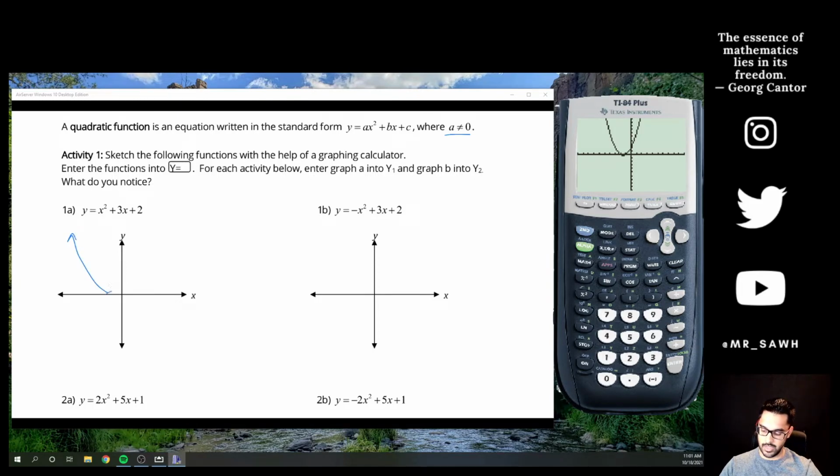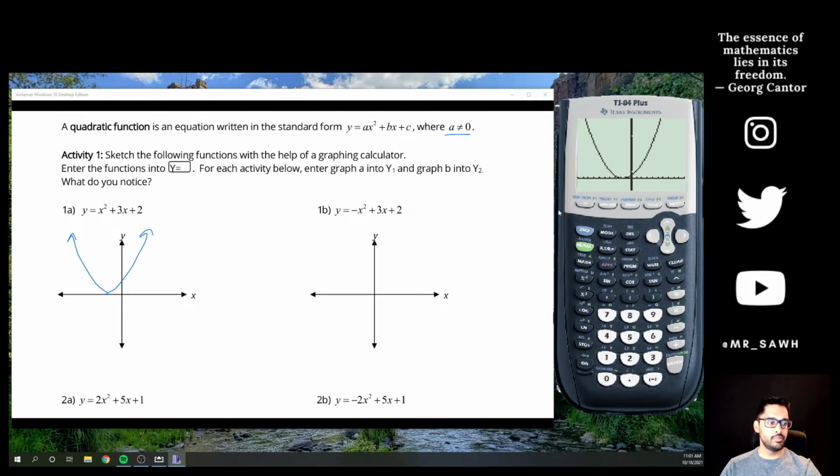So it looks something like this. And there's going to be arrows on the top because it could really just go forever. If I zoom out by increasing the maximum value for y to maybe, let's say, 50, you'll see that it just keeps on going. So I'm going to put arrows on the ends to tell me it goes forever.